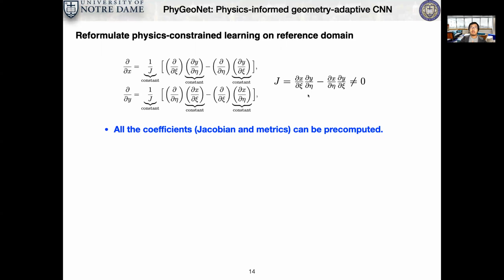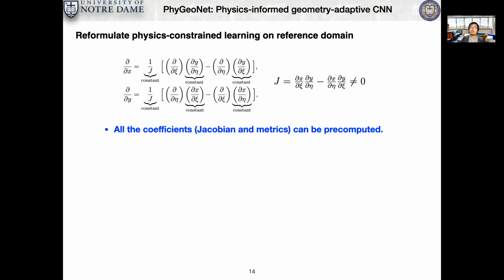So we derive the inverse transformation for all the spatial derivative terms, like partial x and partial y, to the reference domain. As you can see, the Jacobians and all the other matrices between the two sets of coordinates can be pre-computed, which becomes a constant in the newly formulated PDE loss.